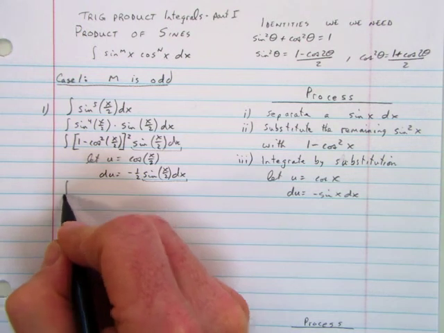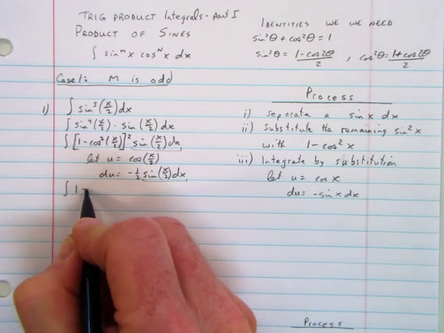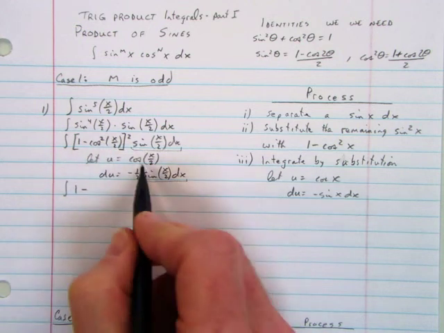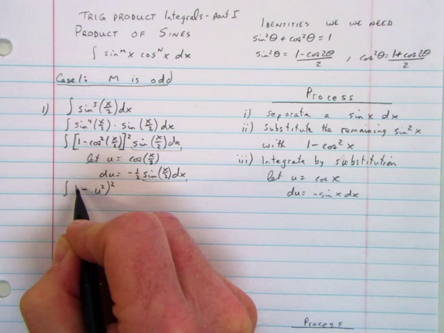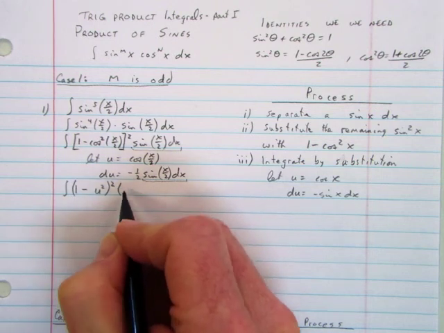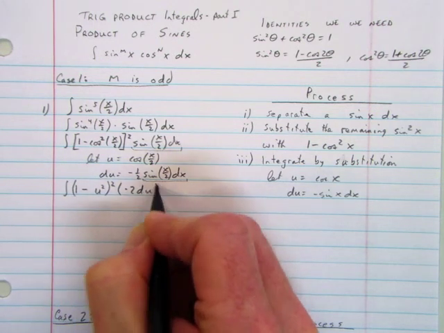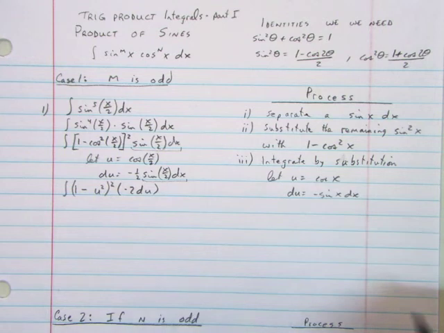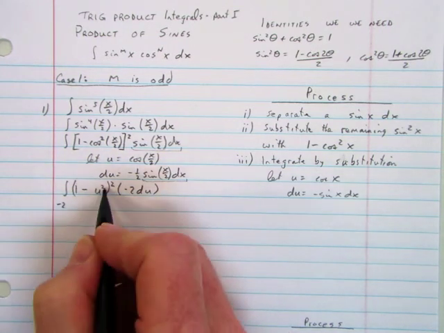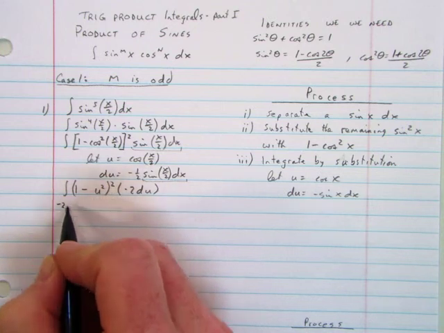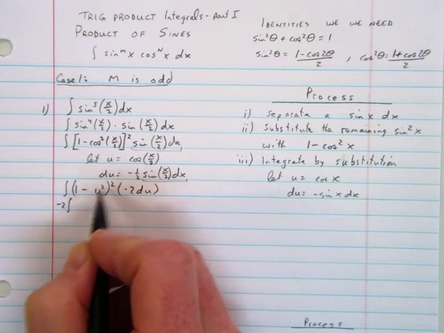So when we substitute this in, we'll have 1 minus cosine, which is u, so that will be (1 minus u squared) quantity squared, times negative 2 du. We can take the negative 2 out, and since we don't have a u outside, we're going to have to square this out.